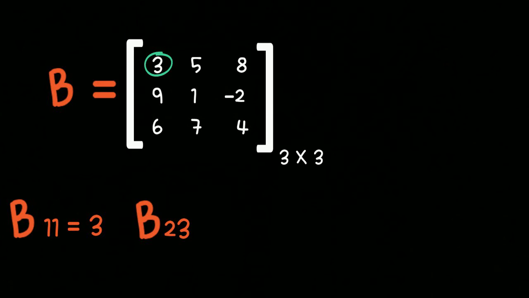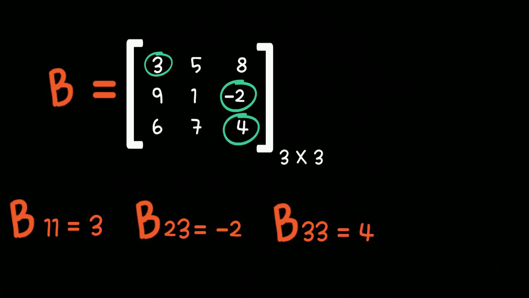Let's try one more element, B, 2, 3, which is the second row and third column. I give you some time to think about it. Second row and third column, which is -2. Let's try 2 more examples. We have B, 3, 3. Third row and third column, which is 4.